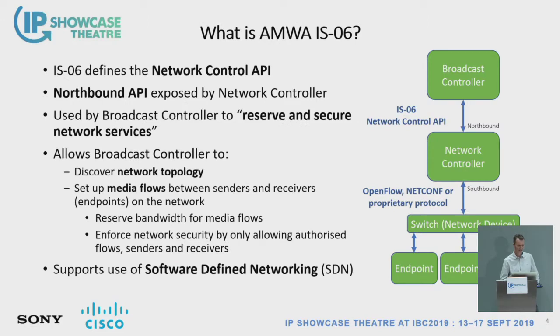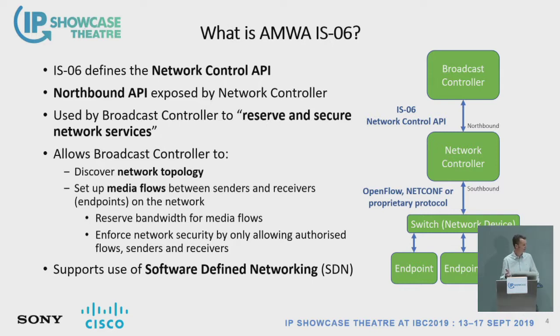So IS-06, what is AMWA IS-06? Well, this relies on a software-defined networking-based model. So rather than the switches all relying on distributed messaging between the switches to create flows on the network, there's a network controller which has an overall view of what's going on in the network. It's connected to all the switches.